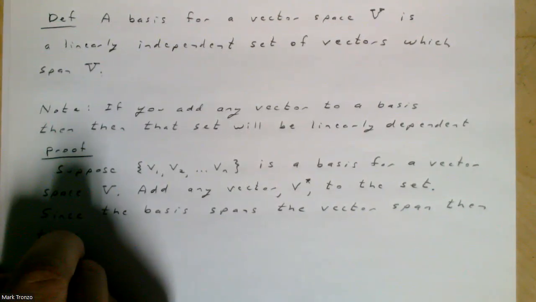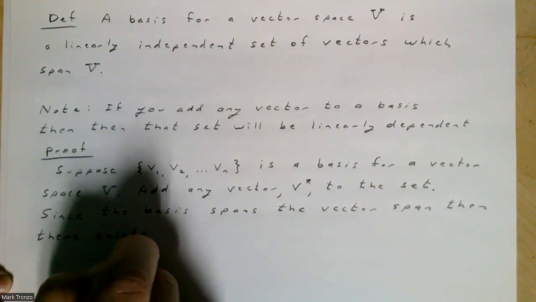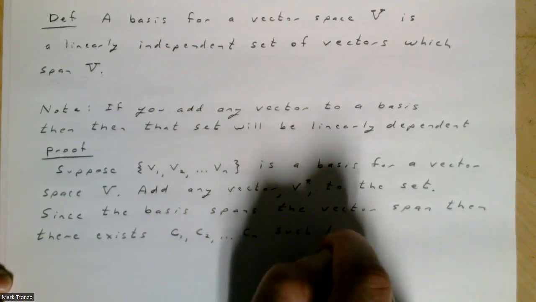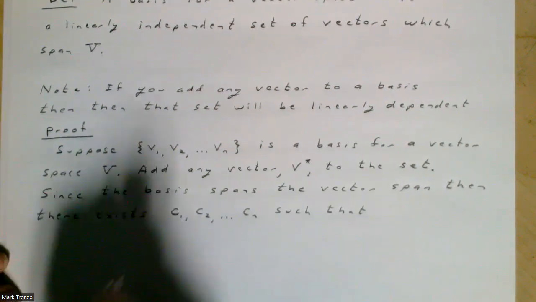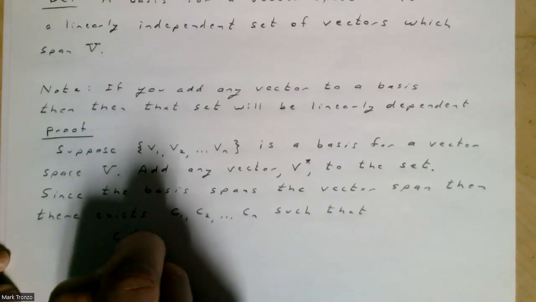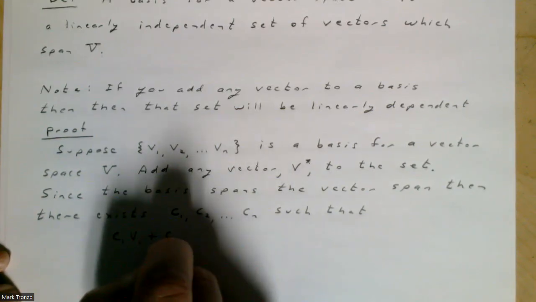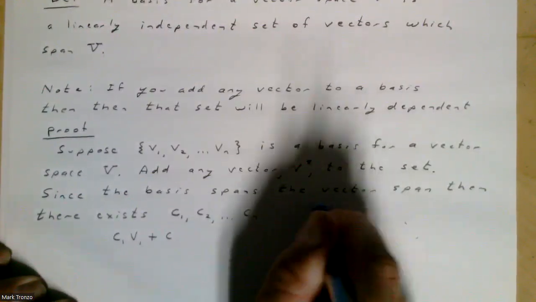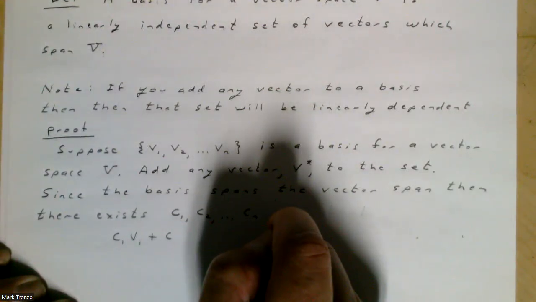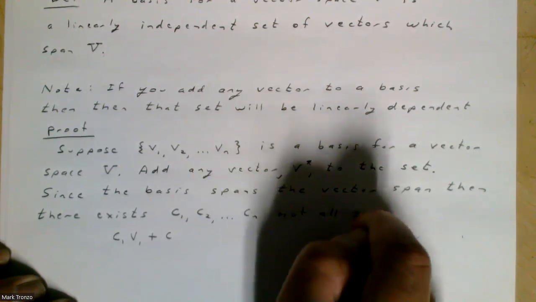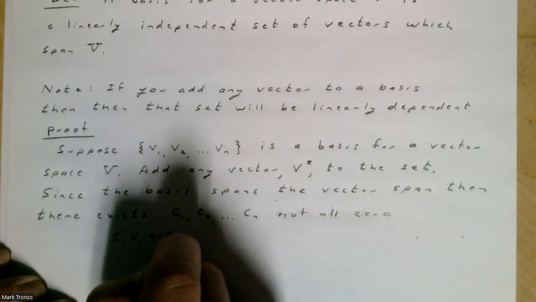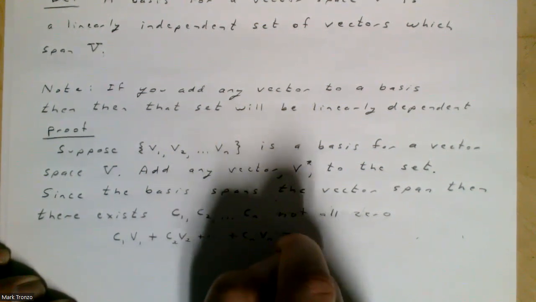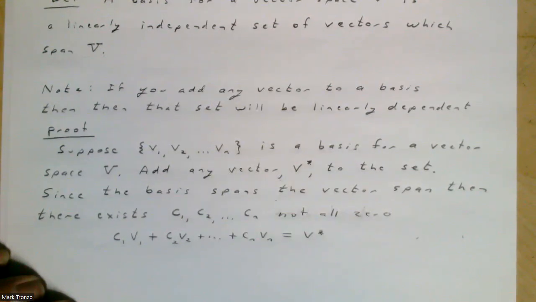Then there exists say C1, C2, Cn, such that, and let me say one more thing, not all zero, such that C1 V1 plus C2 V2 plus Cn Vn will give you that V star.